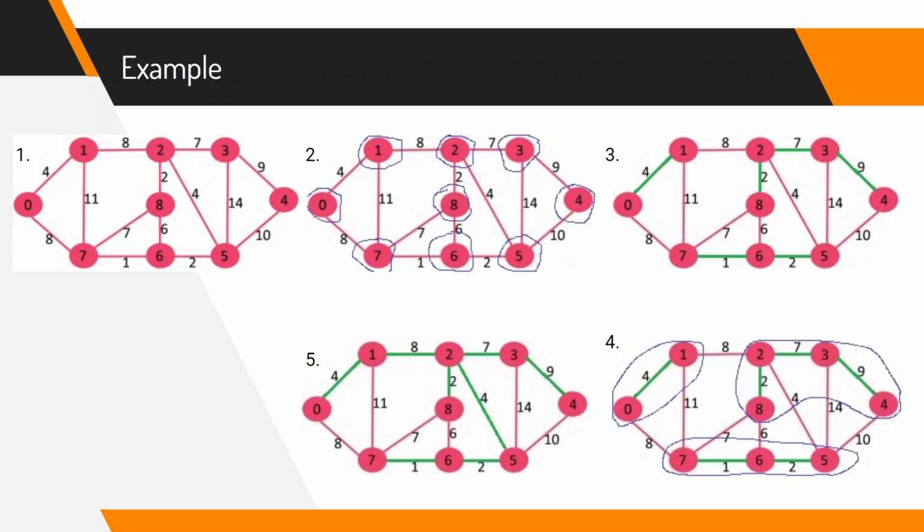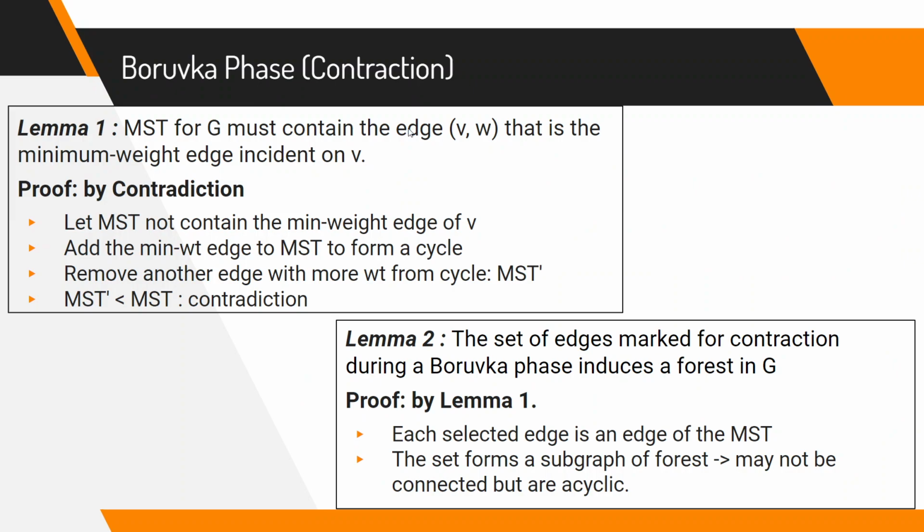We are only choosing those edges which have the minimum weight incident on V, and hence this lemma is true. We can also prove it by contradiction. Let the MST not contain the minimum weight edge of V. Add the minimum weight edge to the MST to form a cycle. Remove another edge with more weight from the cycle to get MST dash. As we can see, MST dash is less than MST, which is a contradiction.